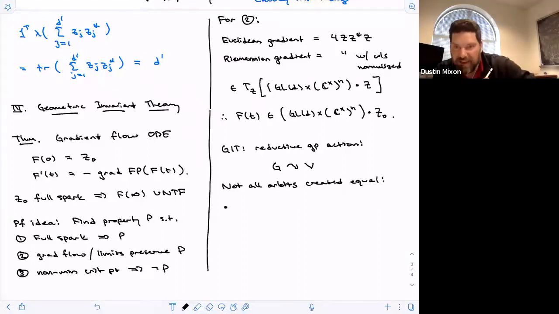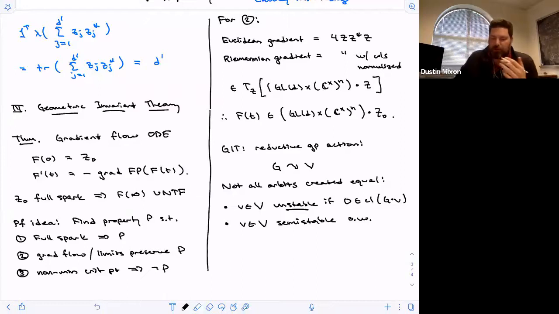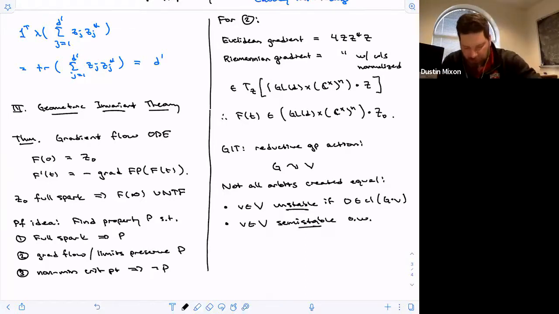So in particular, we're going to give names to different types of points based on what their orbit smells like. We'll say that some points are unstable if 0 is in the closure of the orbit. And otherwise, we'll say it's semi-stable. For geometric invariant theory, these notions are important for coming up with a geometric notion of quotient.